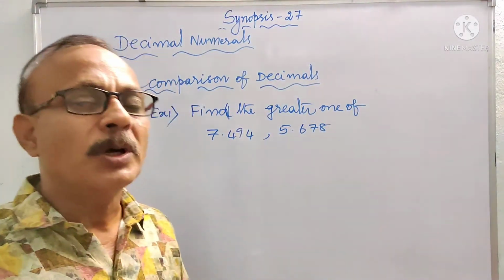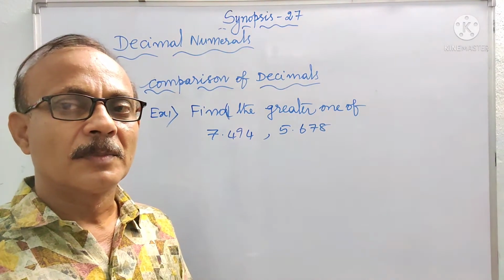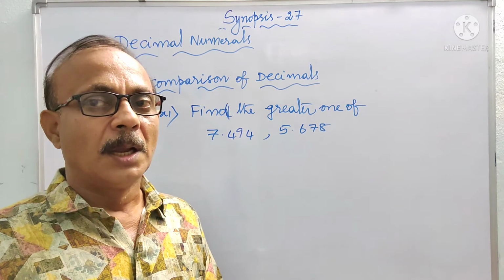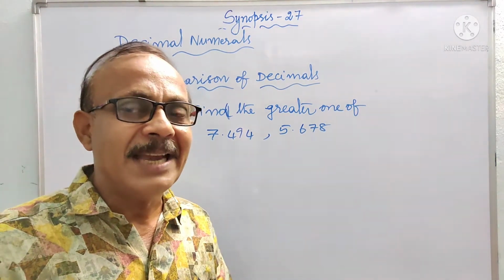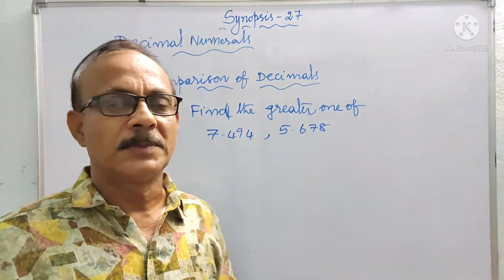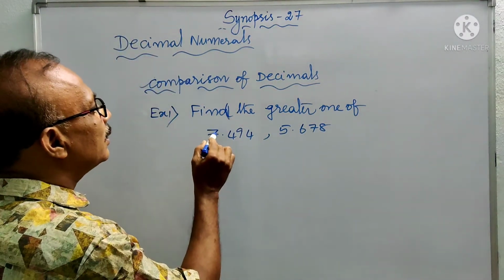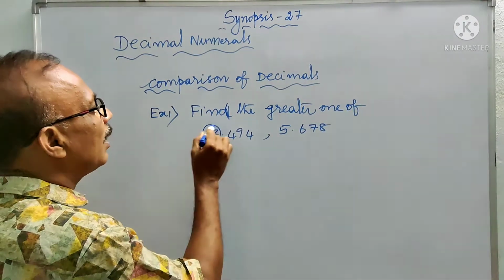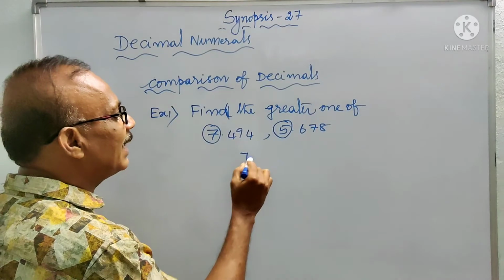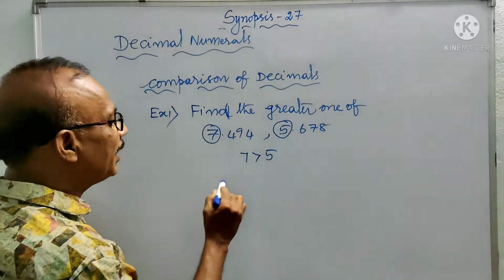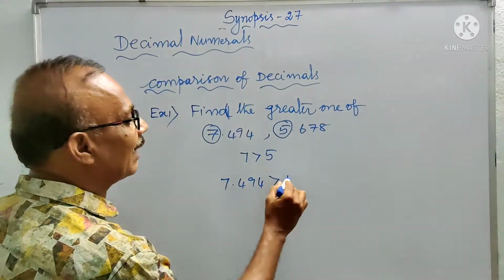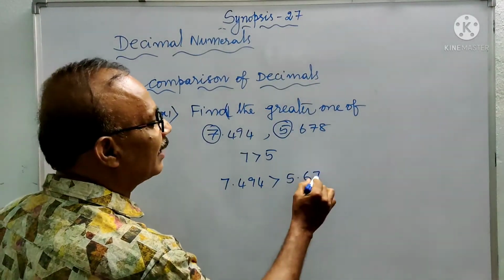So whenever we want to compare decimals, first we start with the whole part. If the whole part can decide which is bigger and which is smaller, there ends the matter. Now here, if you look at the whole part, here is 7 and here the whole part is 5. So 7 is greater than 5. So immediately you can say 7.494 is greater than 5.678.